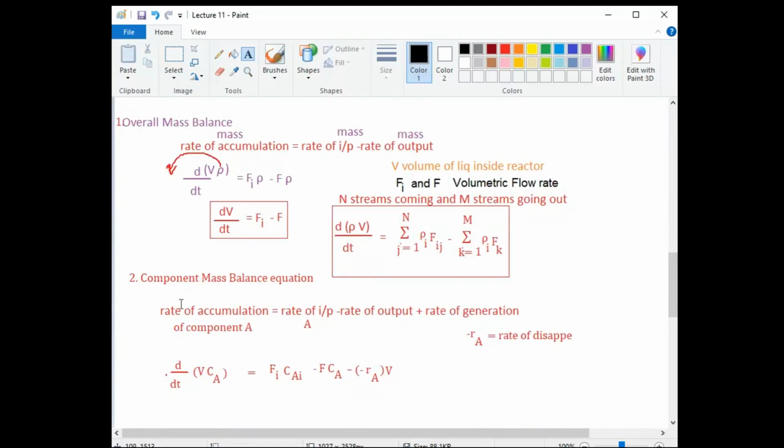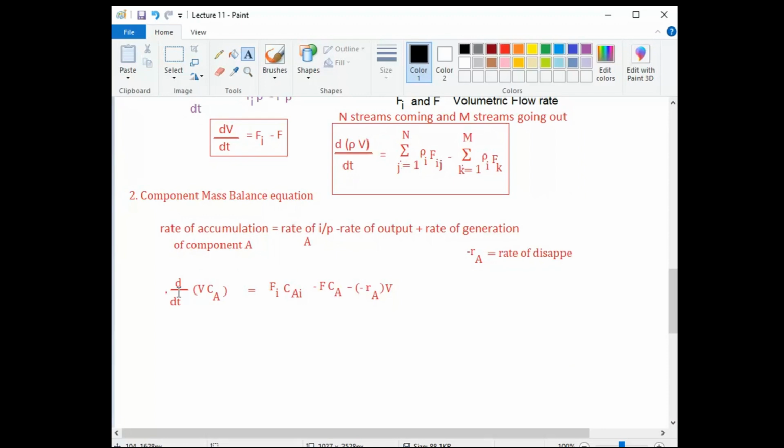Okay, so component mass balance equation: rate of accumulation of component A is equal to rate of input of A minus rate of output of A plus rate of generation. So here we had written the equation d by dt of V into Ca, where V is the volume and Ca is the concentration, is equal to rate of input of A: Fi is the volumetric flow rate, Cai is the molar concentration, and then minus rate of output plus rate of generation.